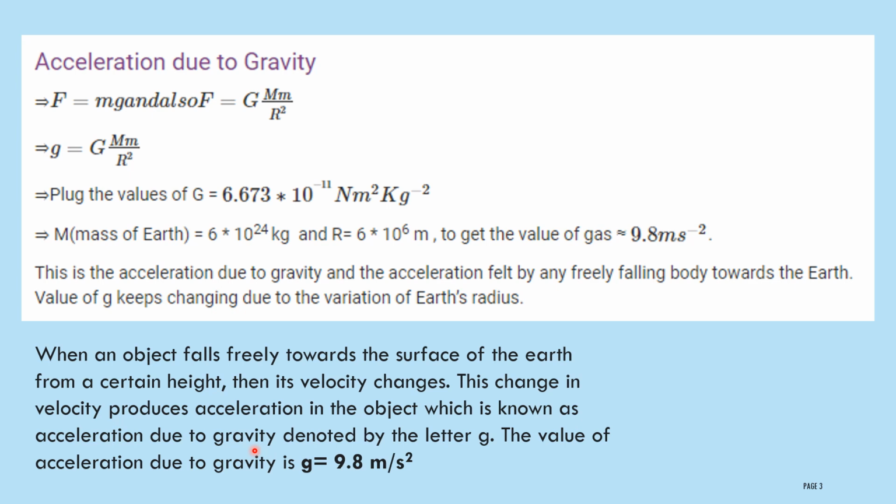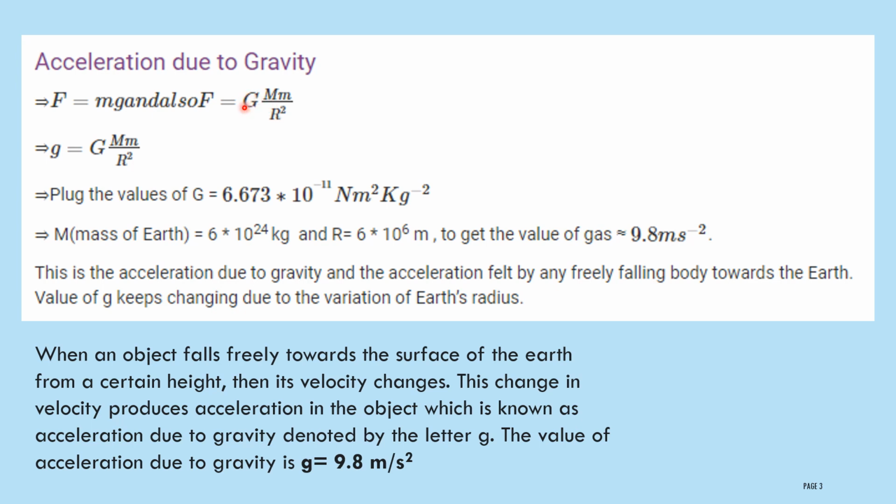Therefore, we call it acceleration due to gravity. It is denoted by the letter g. The value of the acceleration due to gravity is 9.8 meters per second square. You know, according to the universal law of gravitation, F is equal to G M m divided by r square.